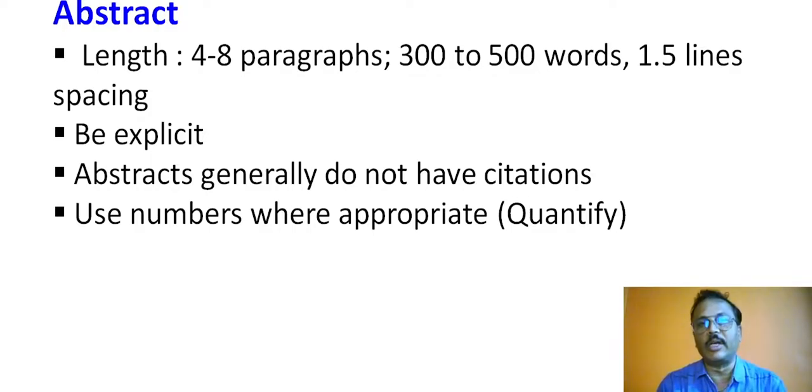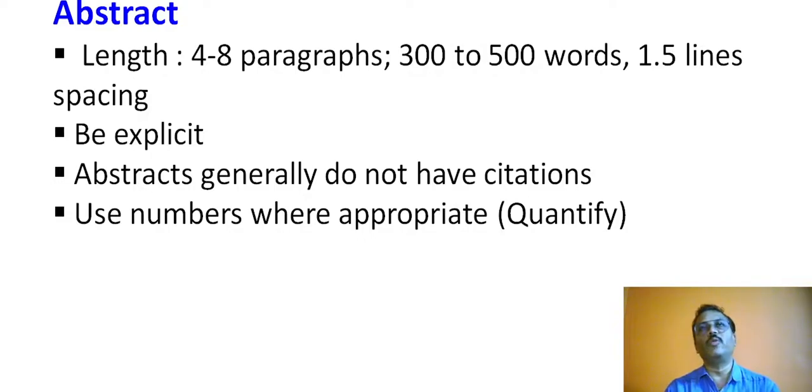Remember, it's not correct. So try to limit it to 4 to 8 paragraphs. 4 paragraphs may not be sufficient in the case of a Ph.D. In the case of M.Tech, it's okay. But for a Ph.D, 4 to 8 paragraphs or 10 paragraphs, depending on your requirement. Maybe at least 2 pages, and a maximum of 3 pages is recommended.